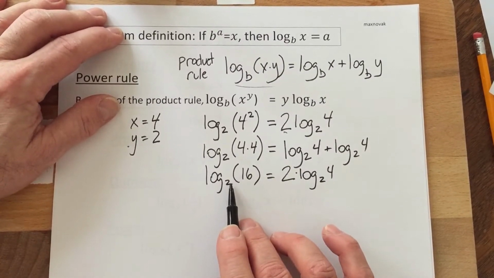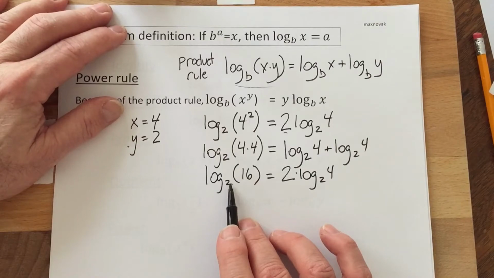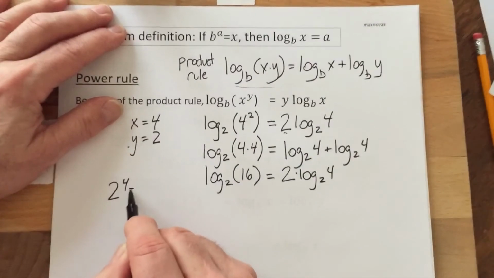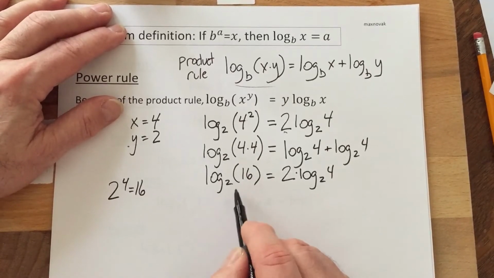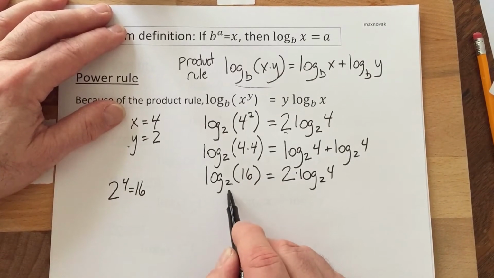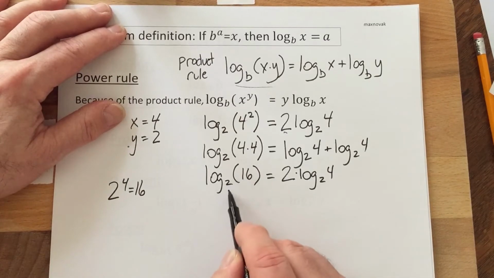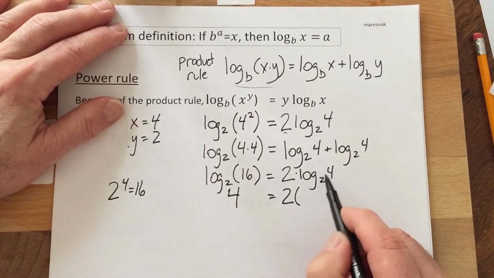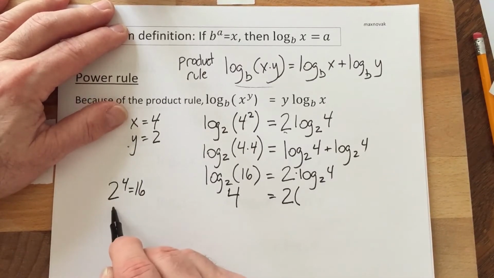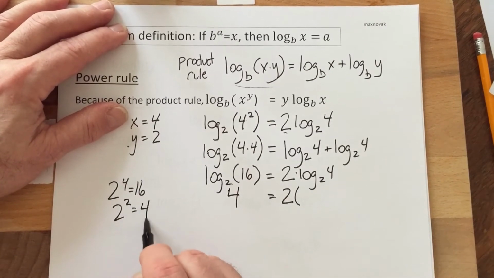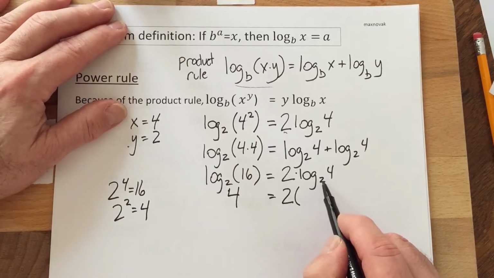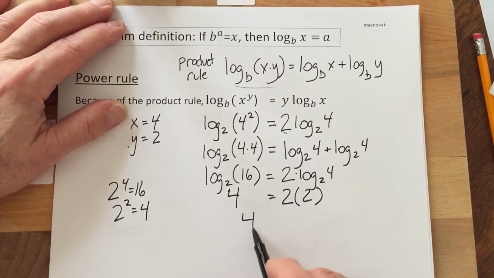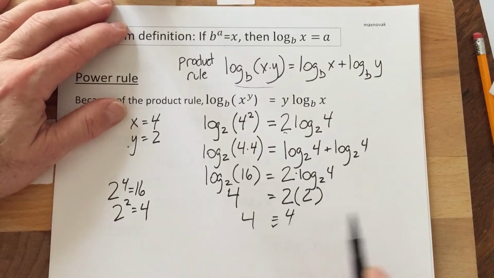And what number do you need to raise 2 to get to 16? 2 to the 4th equals 16. So log 2 of 16 equals 4. And then here, 2 squared equals 4, so the log base 2 of 4 equals 2. We have 4 equals 4, so that checks.